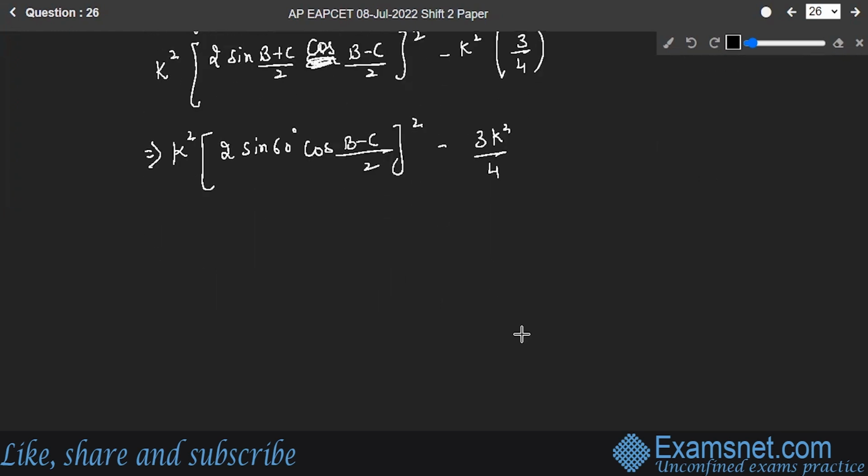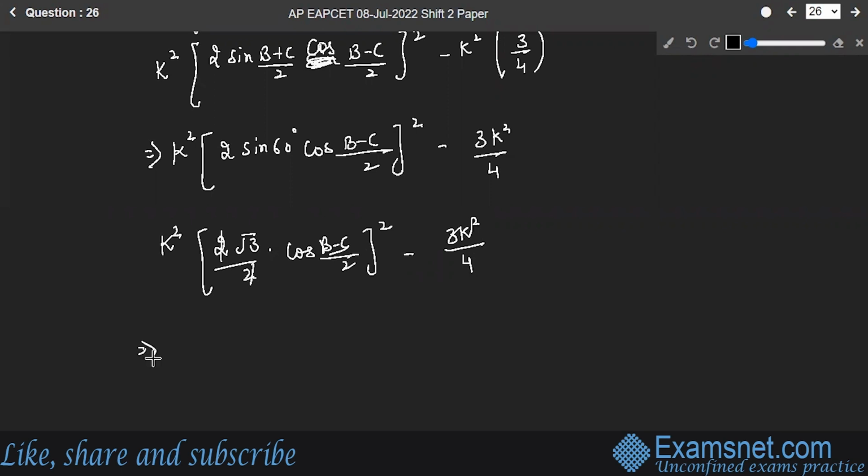So this gives me sin 60 degrees is root 3 by 2, right? When I'm taking the square of it, this will be 2 root 3 multiplied by cos²((B - C)/2) minus 3k²/4.